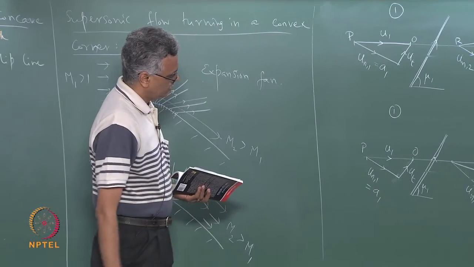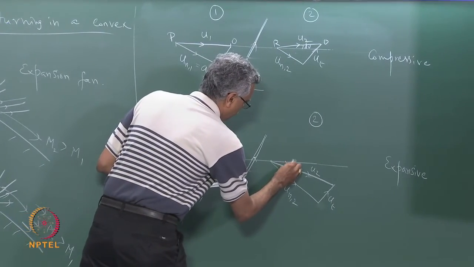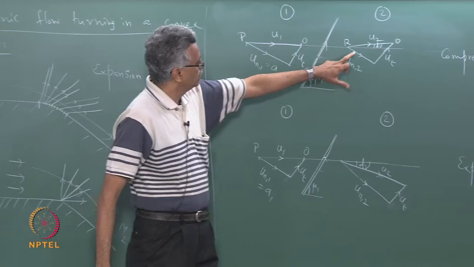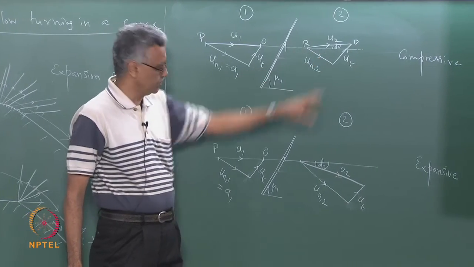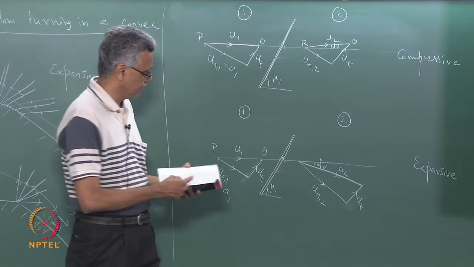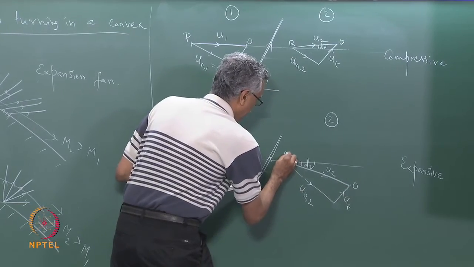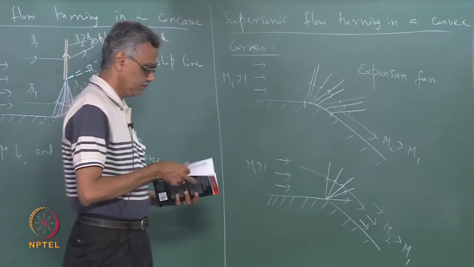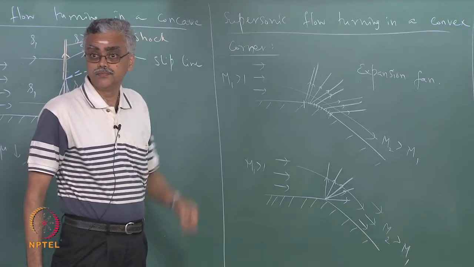So now as a result of UN2 increasing, the flow has been deflected away from the wave through an angle d nu, okay. So in the earlier case, the flow was deflected towards the wave through an angle d nu, it was a compressive solution. Now the flow is deflected away from the wave through an angle d nu. And let us label these vertices same as before, O and R. Okay, any questions so far?